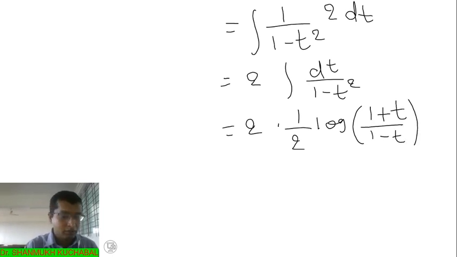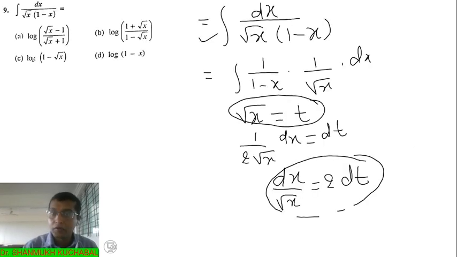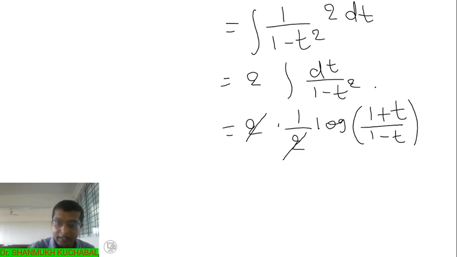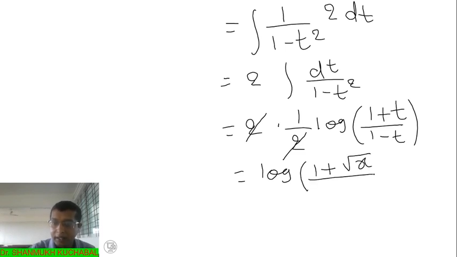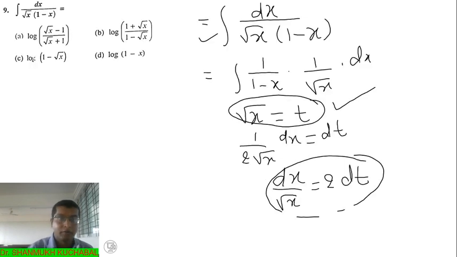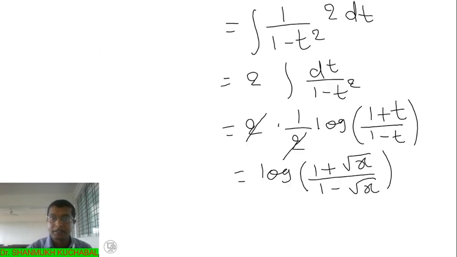So further 2 gets cancelled. Now we will substitute the value of t as root x here. So we get log of 1 plus root x divided by 1 minus root x. So this is the answer. Therefore option B is the right answer.